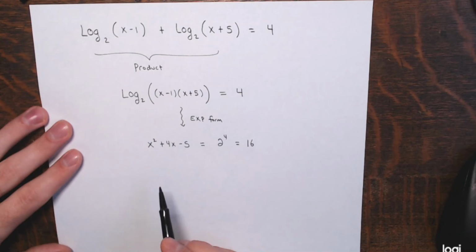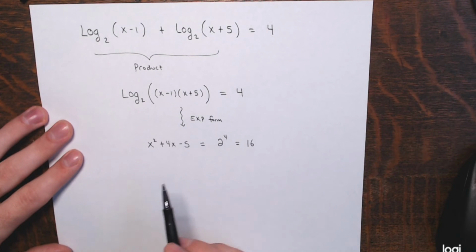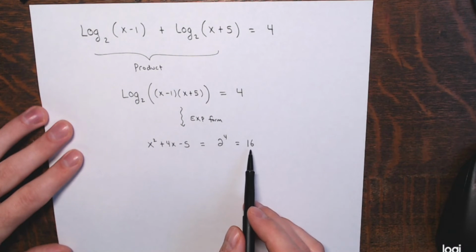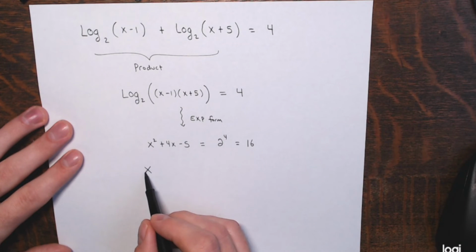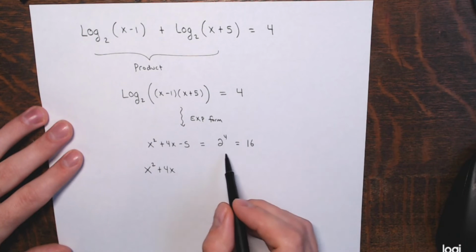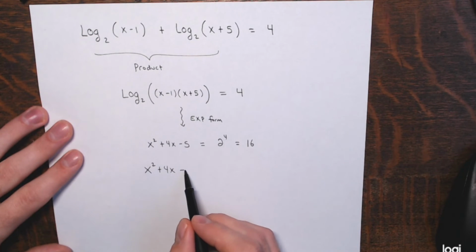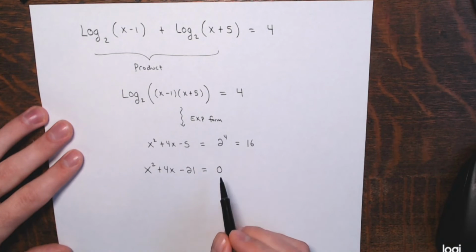And now I have a quadratic equation, and you should know by now how to solve quadratic equations. A good first step is to take everything to one side. So we have x squared plus 4x, and subtracting 16 gives minus 21 on the left side and equals 0 on the right.